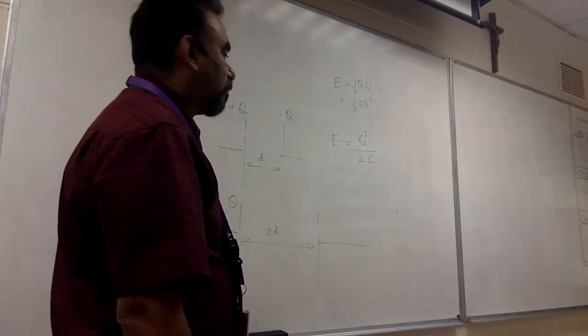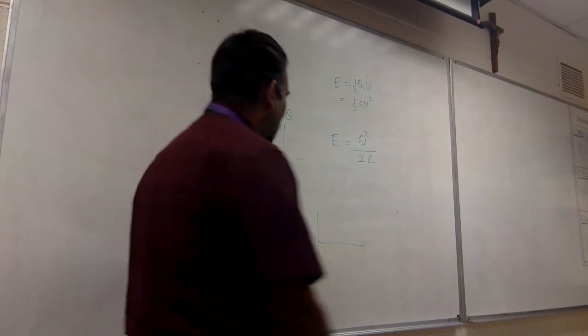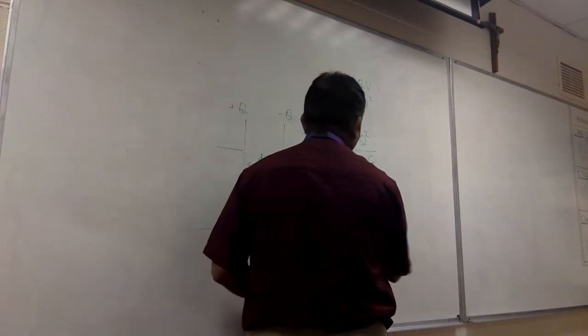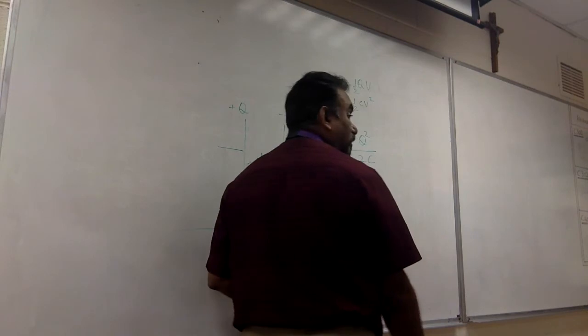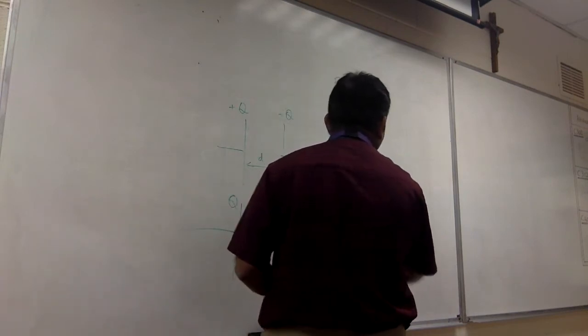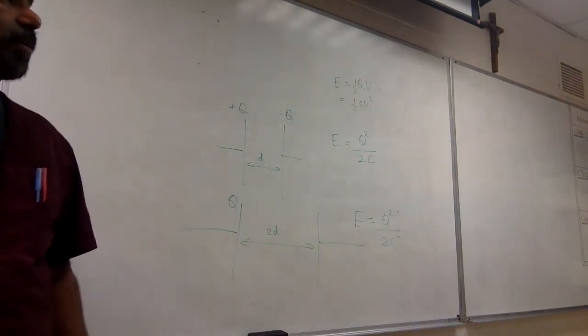So looking at that formula, this is the energy stored here. And what's the energy stored on this one? It is Q squared, no change to that, divided by 2C prime. What's happening to C prime?